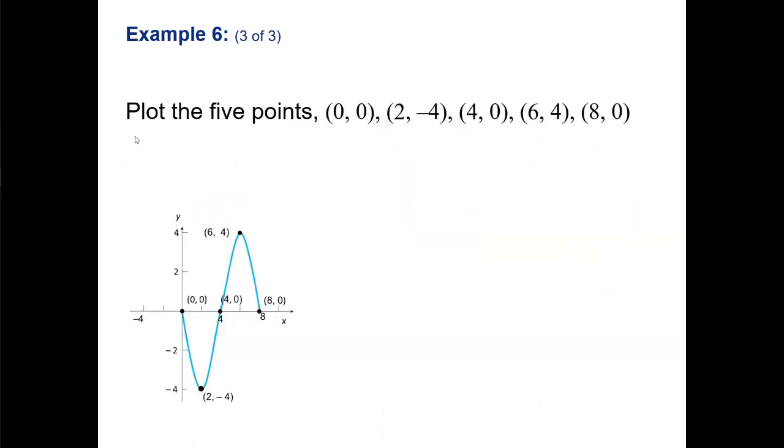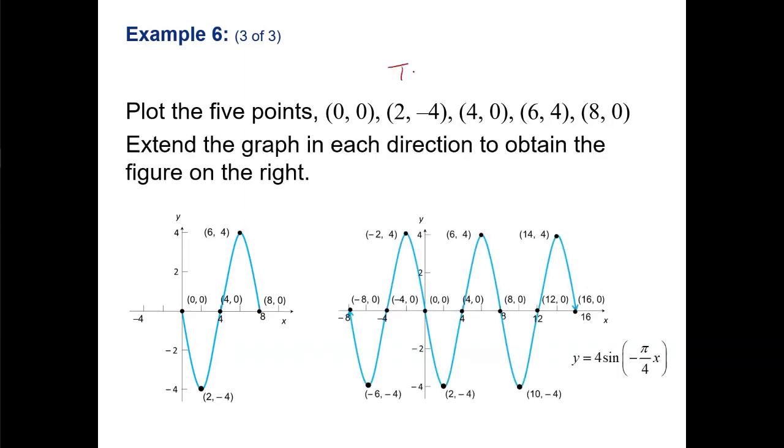Okay, so I've got the new 5 points for my transformed version. All right, so if we plot those 5 transformed points, 0, 0, 2, -4, 4, 0, 6, 4, and 8, 0, we've got a full period of this transformed sine. So if I go 8/4, that tells me how far I need to go from one key point to the next.